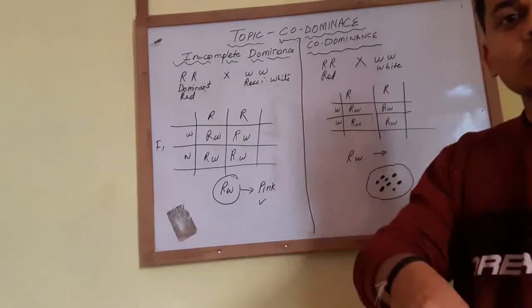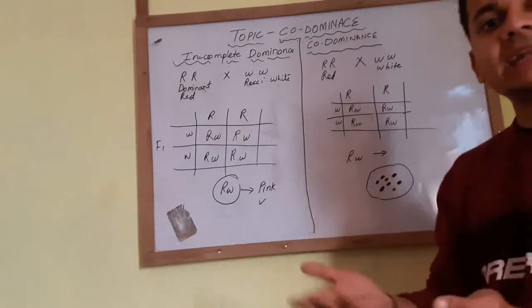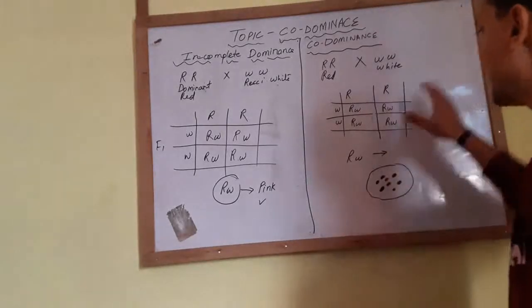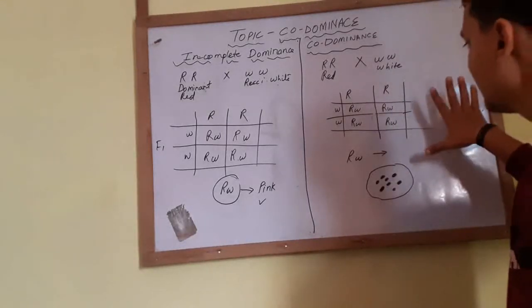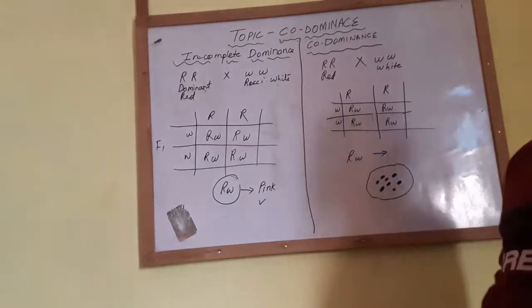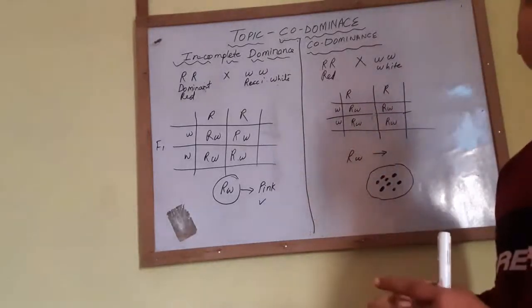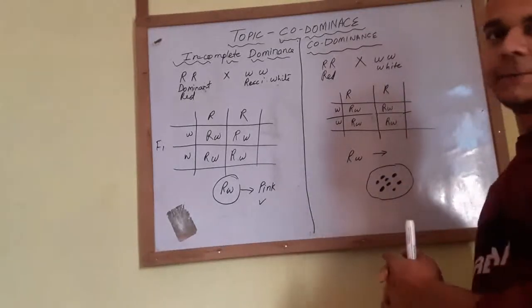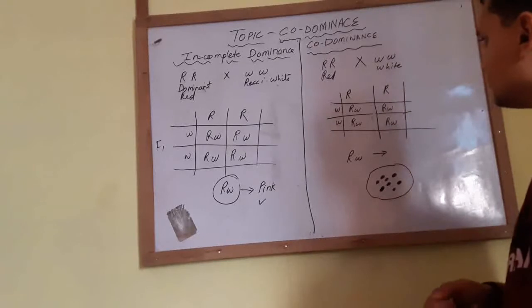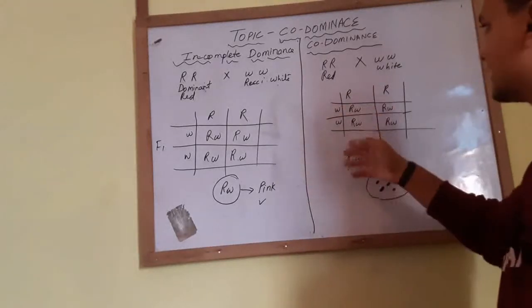Say the dominant is working as dominant and the recessive is also working as dominant, right? So this type of inheritance or this type of variation from Mendel's law will be said as codominance. Means both the characters are co-dominating, equally dominating with each other, right? So this is incomplete dominance and codominance.